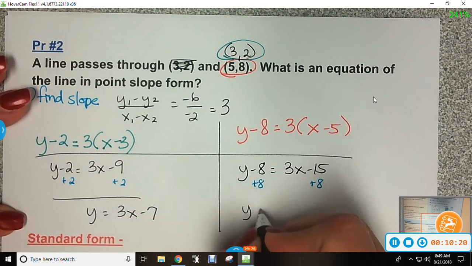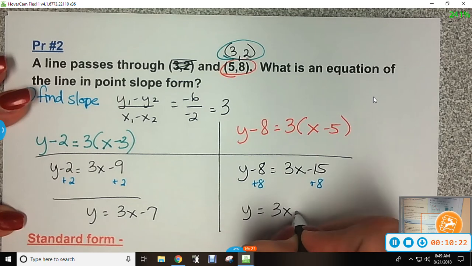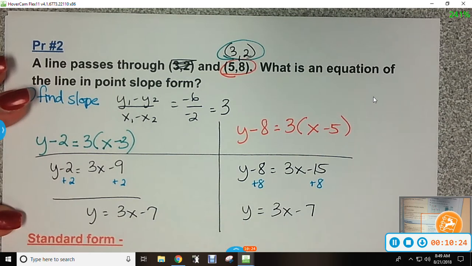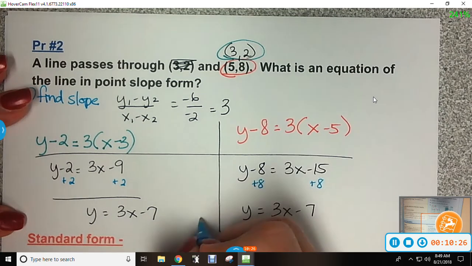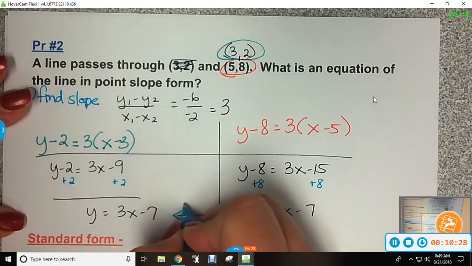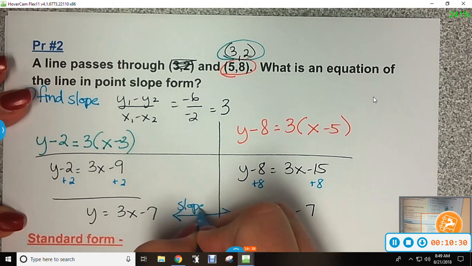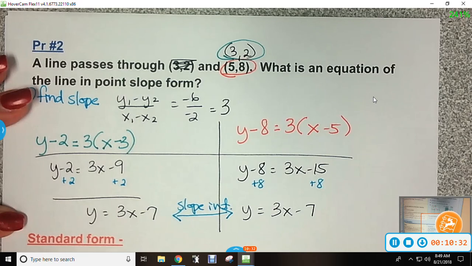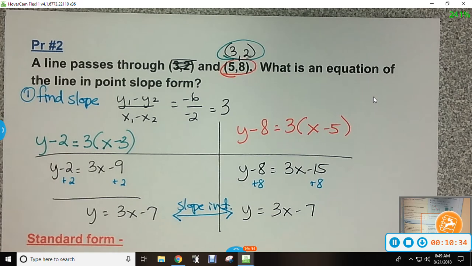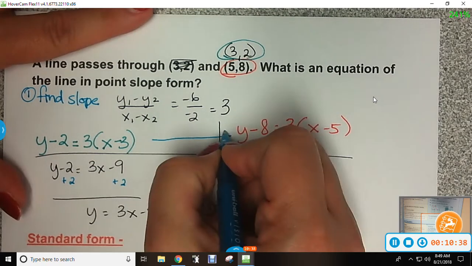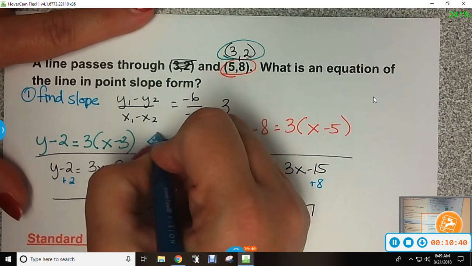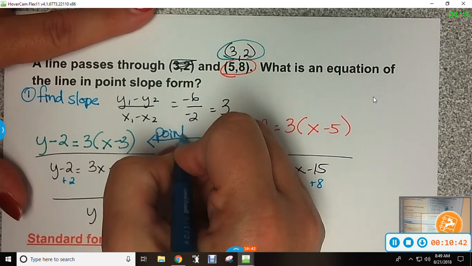So y equals 3x minus 7. So you can see that you get the same slope-intercept form. But depending on which ordered pair you use, when you write it in point-slope form, it looks different.